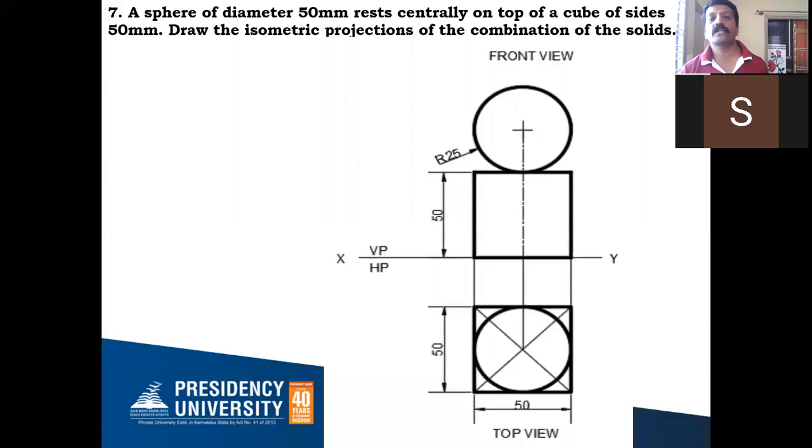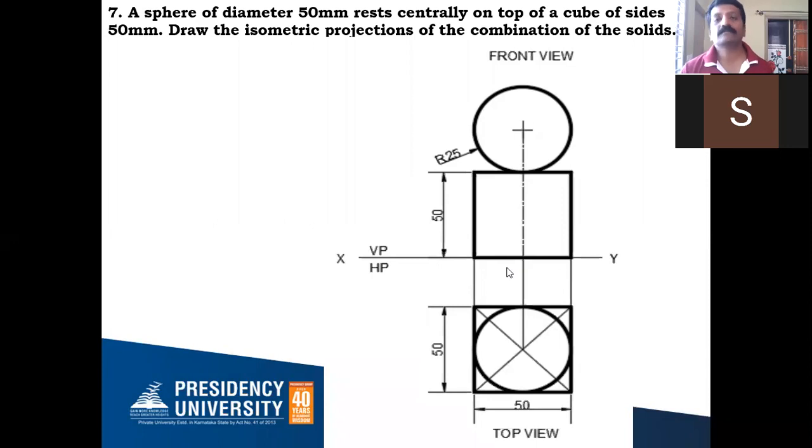And coming to the front view, you draw the vertical projectors like this, in the points and from the center line also. So your cube, when you see from the front side, looks like a square only, because in a cube all the three dimensions are the same: length, breadth, and even height or thickness. So from the center you take 50 millimeter height and construct one more square.